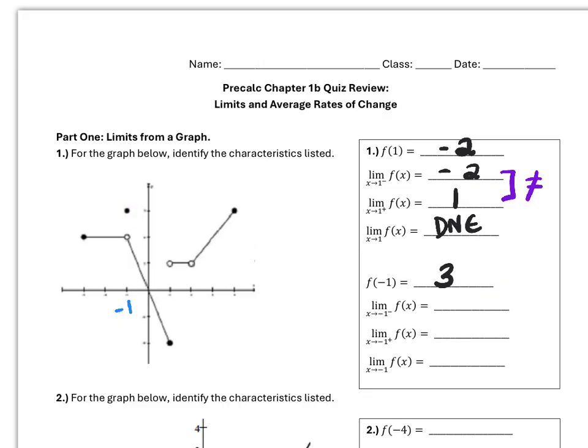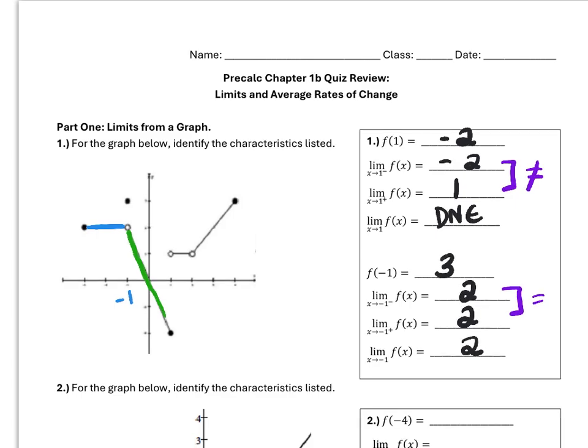So the limit as x approaches -1 from the left is +2. And the limit as x approaches -1 from the right, from a positive direction, is also +2 because it's heading toward +2. Because these are the same, we can say that the limit exists. Even though it's different from the value of the function at that point, the limit, where the function is headed, is the same. And so the limit is that value of 2.